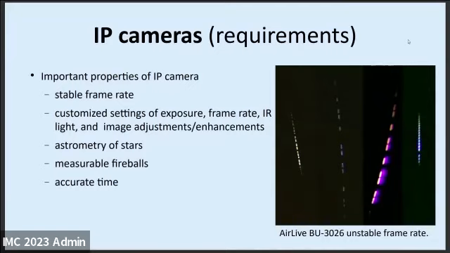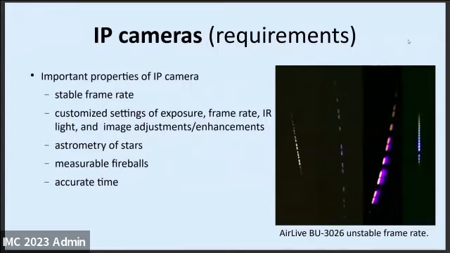We want them to have a stable frame rate during recordings, and as much customizable setting in the camera as possible, such as exposure, frame rate, and the infrared illuminator, which has to be turned off during the observation. We also want control over the image adjustments or enhancements inside the camera, and lots of cameras have these features.